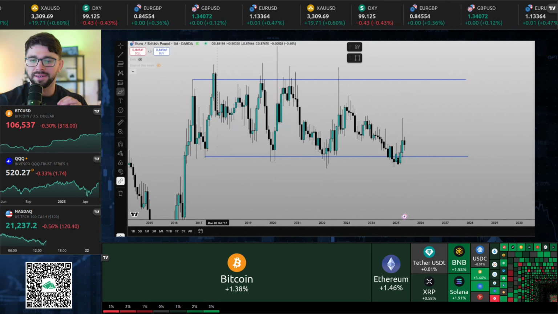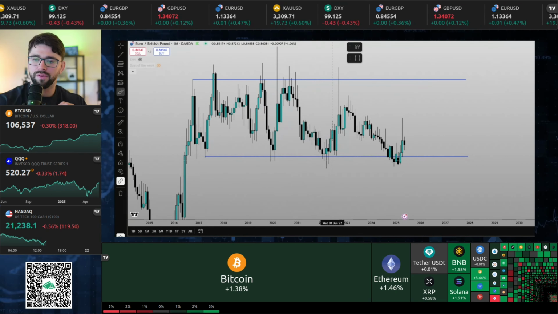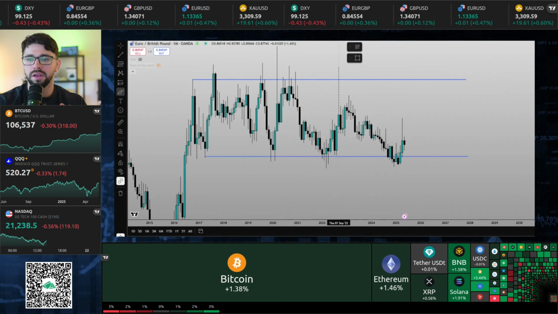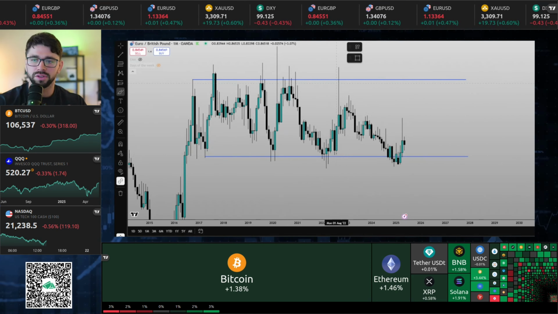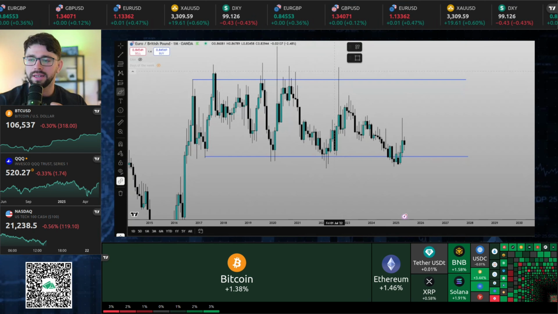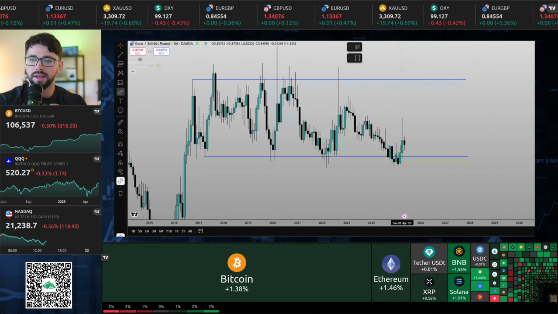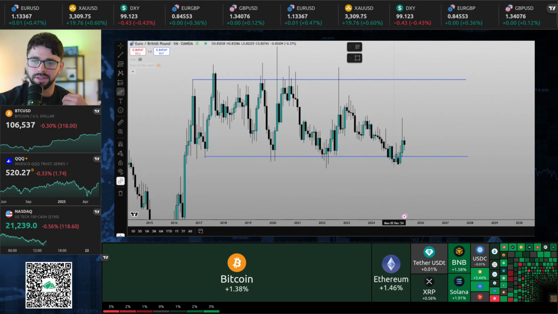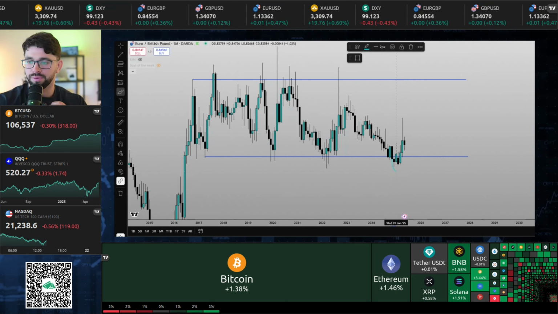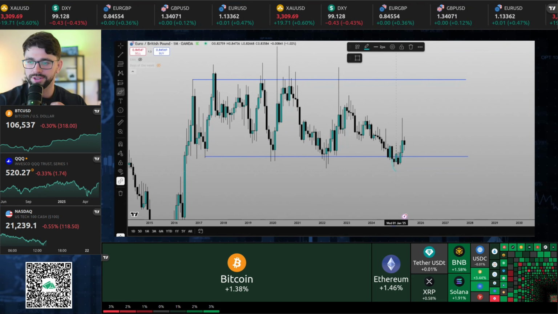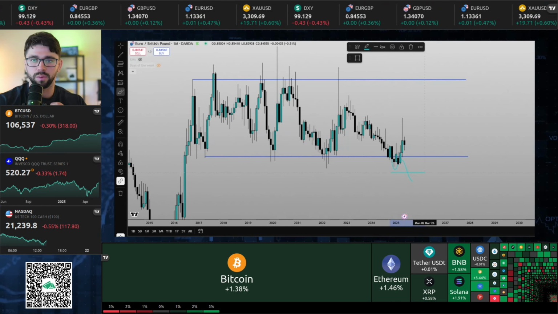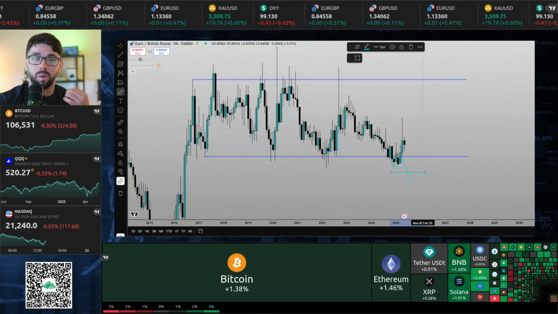Every time we've come down to these areas, we have come back in and gone in the opposite direction. So that is very important for me when I'm looking at price action down here, to understand the likelihood that price breaks the bottom of this range, retests, and then continues downwards. The probability is quite low.